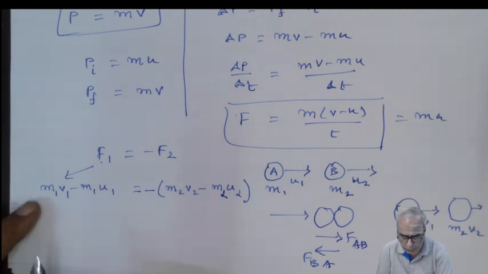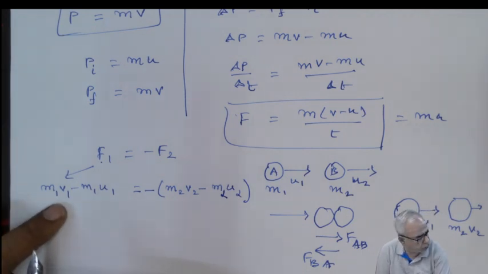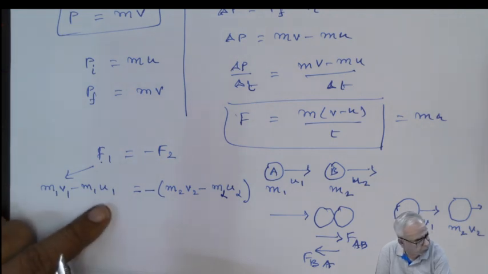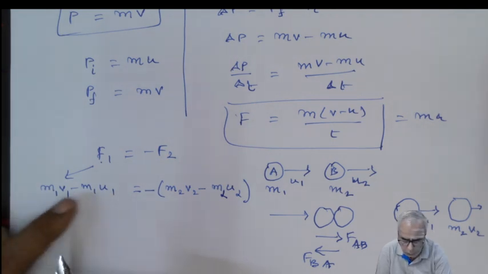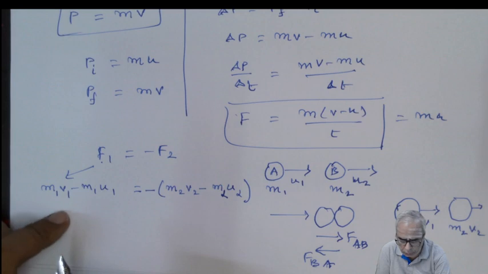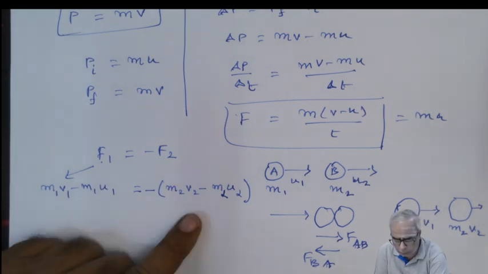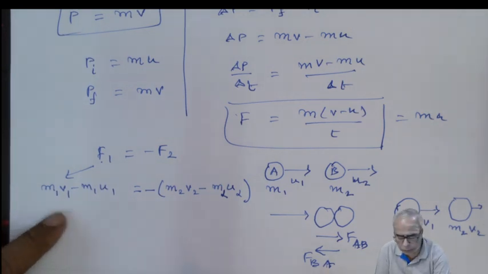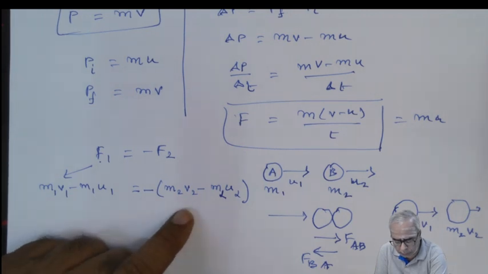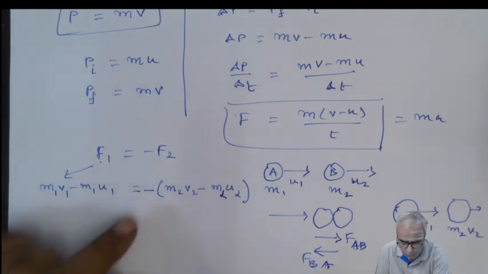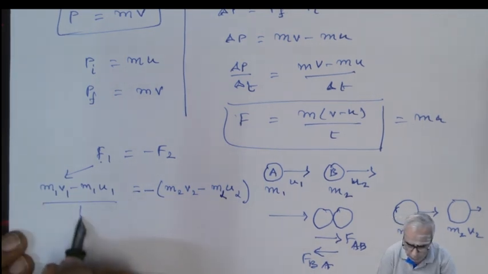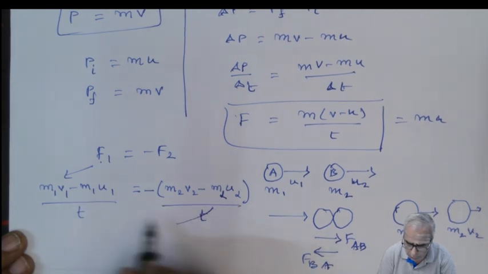So what is the v1? Final velocity of the first body. Initial velocity of the first body is represented as u1. So the change of momentum of the first body. What about this? The change of momentum of the second body. Actually, this is force, but it takes place in the same time. So let me strike out this t.